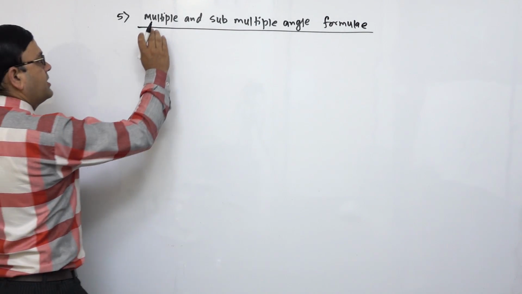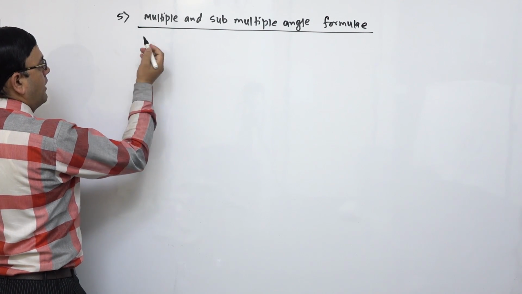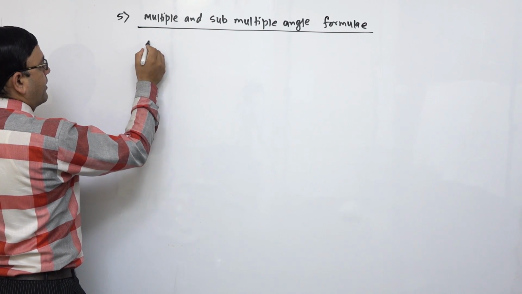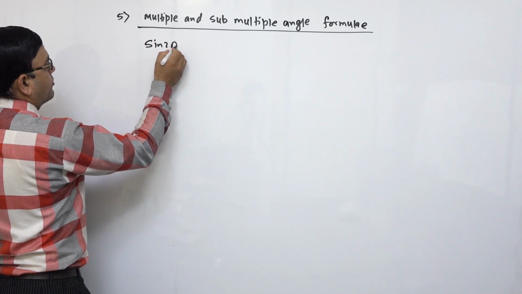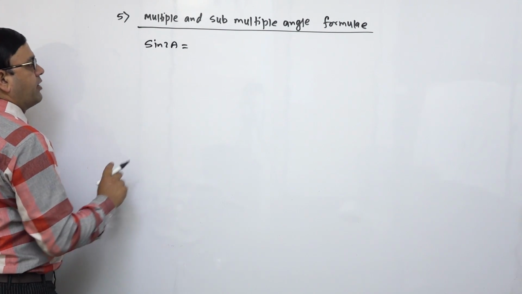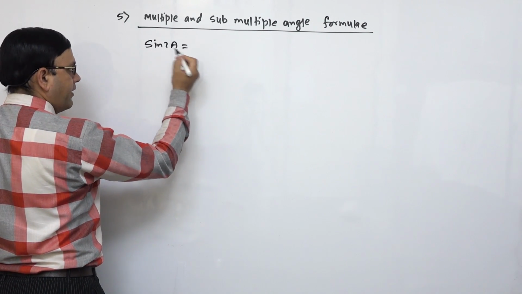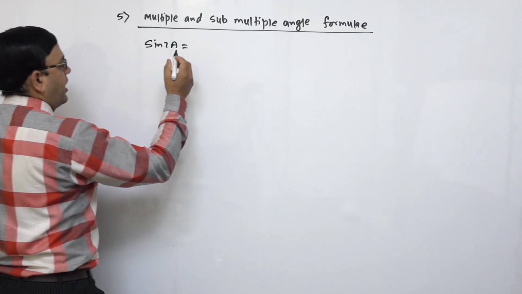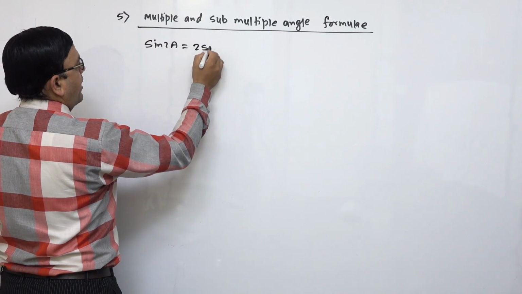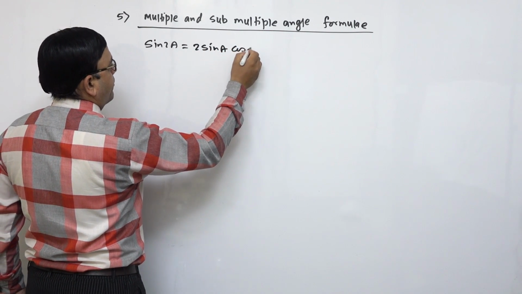We know the multiple formula. Let us start from here: sin 2A is equal to sin(A plus A). We already read in class 9 and class 10 that it is 2 sin A cos A.